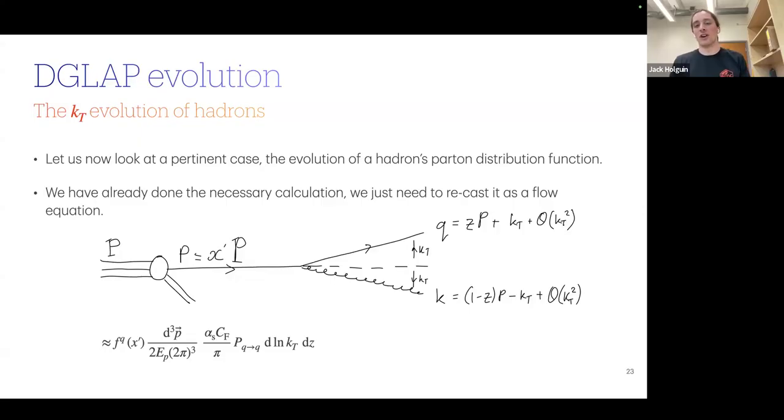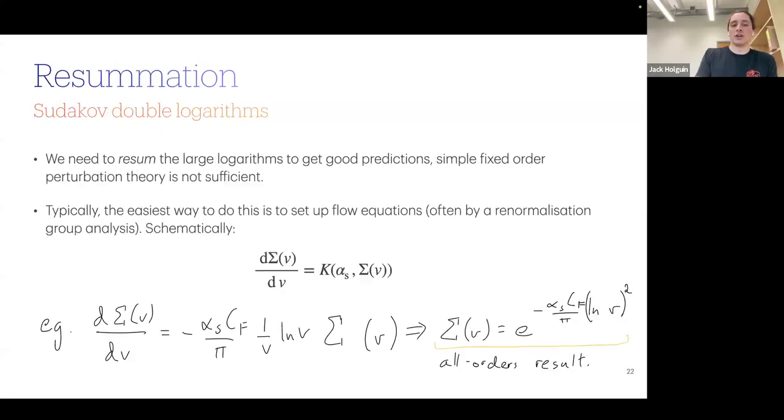Fortunately, we've already done all the calculations we need to do this calculation in this talk, because it all just depends on these splitting functions. And our goal now will be to recast that calculation we've already done as a flow equation that we can solve, just like a differential equation on this side, just like we did with the observable.